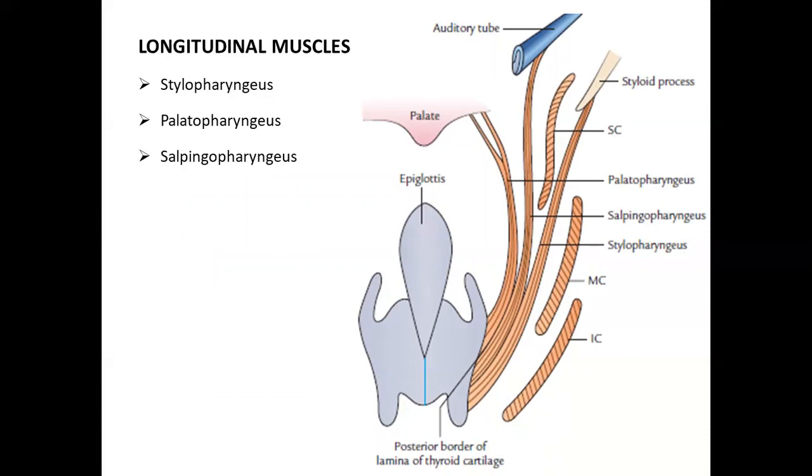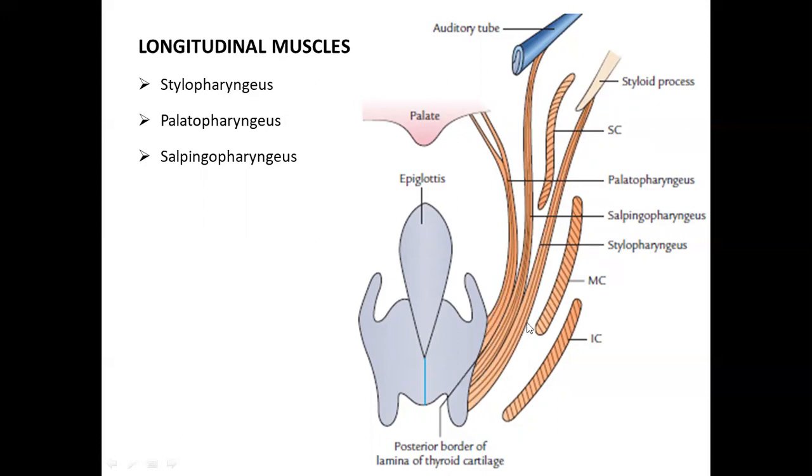We have longitudinal muscles which are running downwards. What are these longitudinal muscles? This one is the palatopharyngeus, this one is the salpingopharyngeus, and this muscle is the stylopharyngeus.